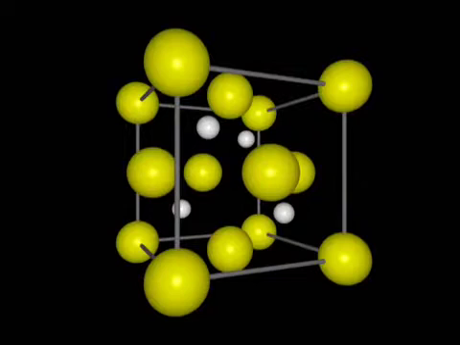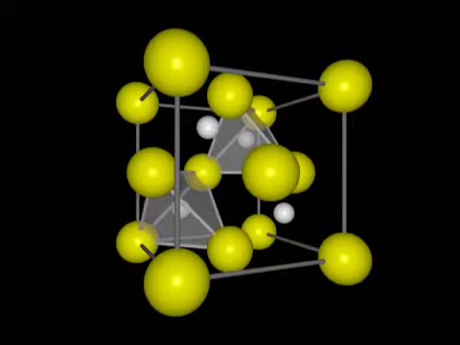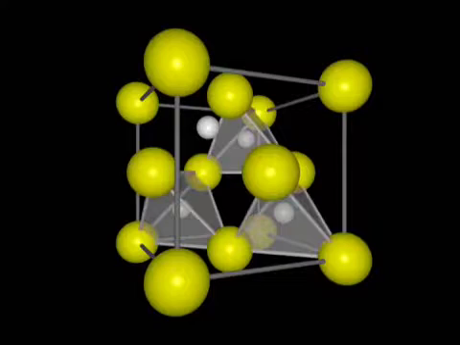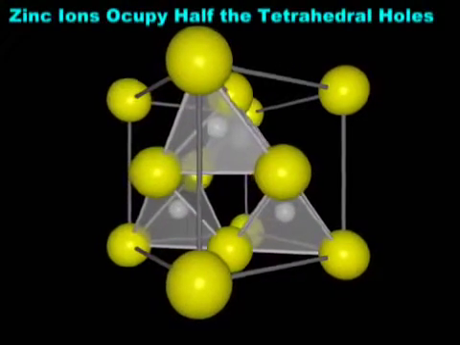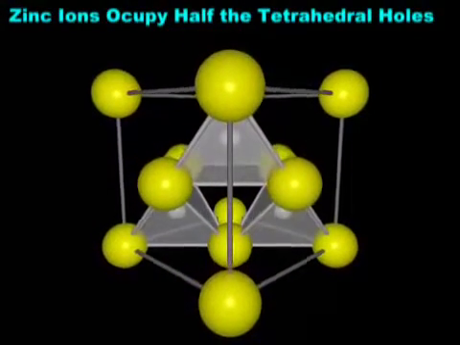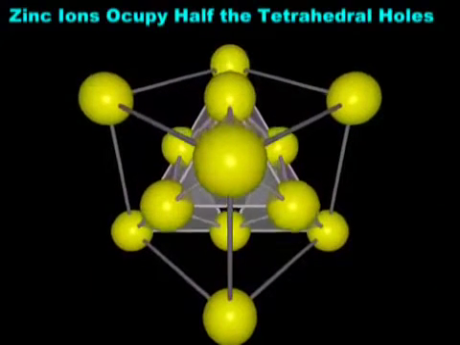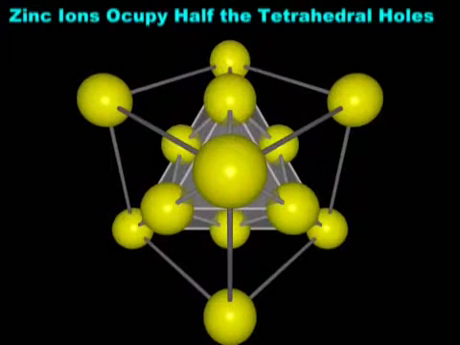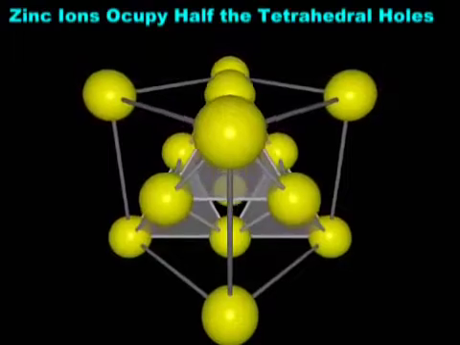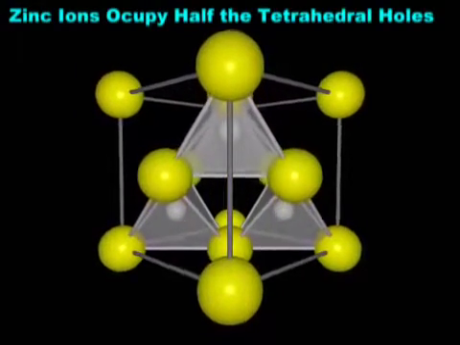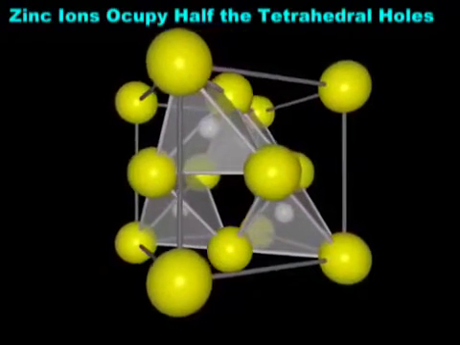The zinc ions occupy the tetrahedral holes. Each zinc ion lies at the center of a tetrahedron of sulfide ions. However, since an array of n close-packed ions gives 2n tetrahedral holes, and since there is 1 zinc ion for every sulfide ion, only half of the tetrahedral holes are filled.